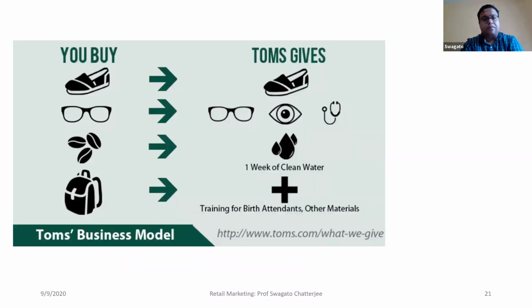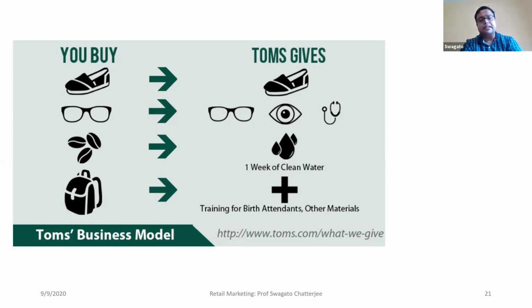There is another reward program with Toms' business model, where they say that for every purchase that you make, I will give somebody else, not you, certain kinds of benefits. For example, you buy a shoe, somebody else also gets a shoe. You buy spectacles, somebody gets an eye checkup and spectacles. You buy coffee beans, somebody gets one week of clean water.